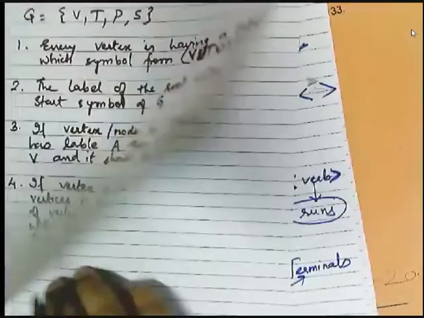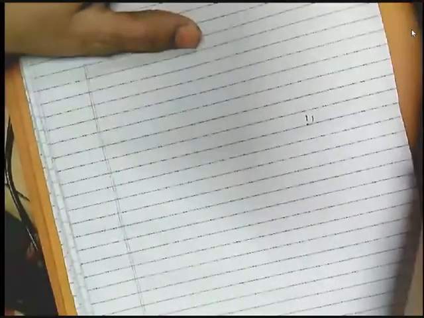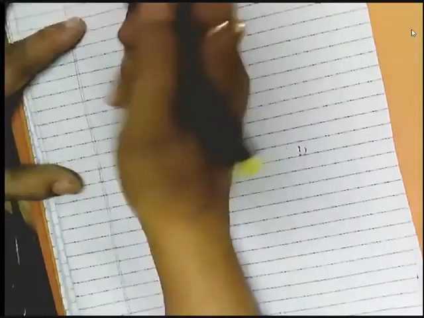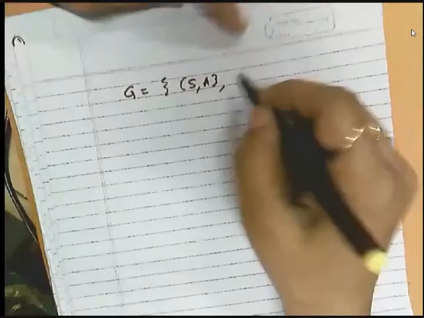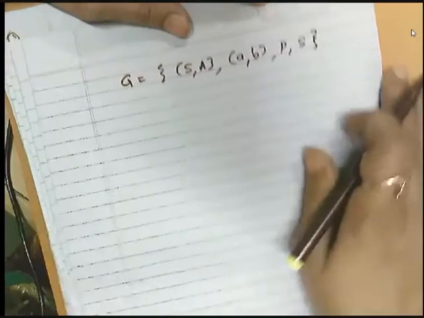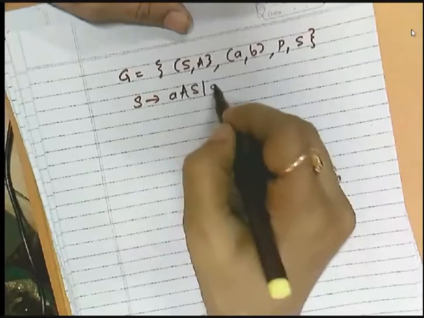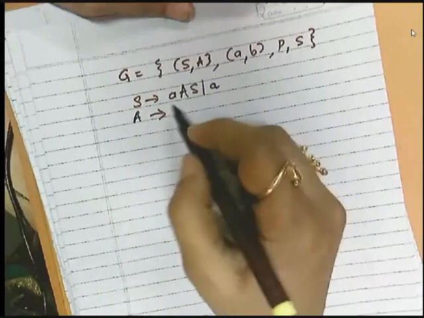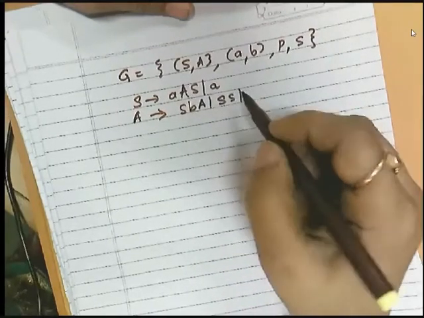Okay. So now we will take the same example for deriving the same string which we have just discussed, using a derivation tree. So our problem was G was S, A, then we had a, b, then P, S, and we had production rules as S produces AAS, A, and A produces SB, A, SS and BA.